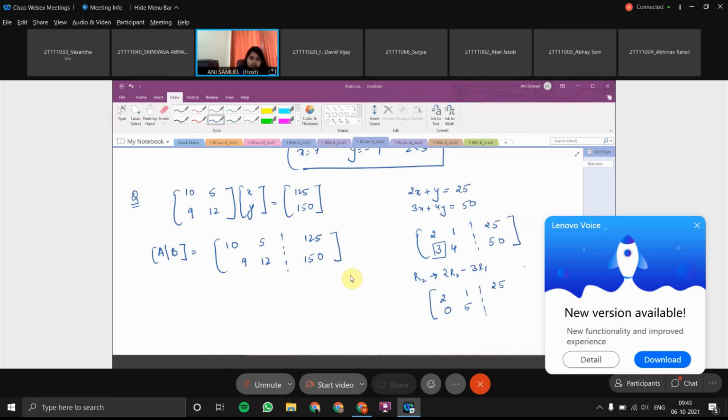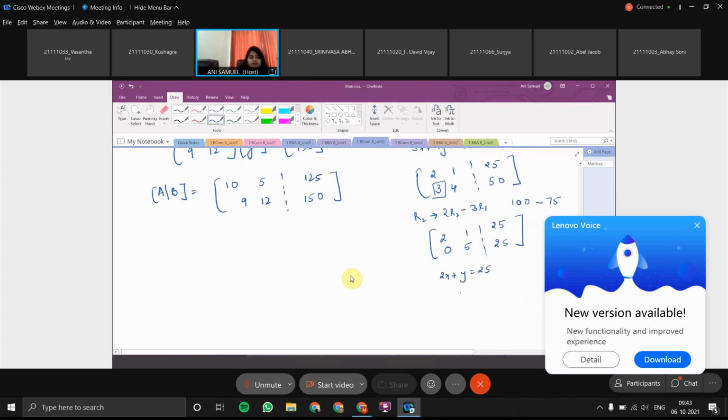So this is 2 into 50, 100 minus how much? 75? 25. So that will be 2x plus y is equal to 25 and 5y is equal to 25.